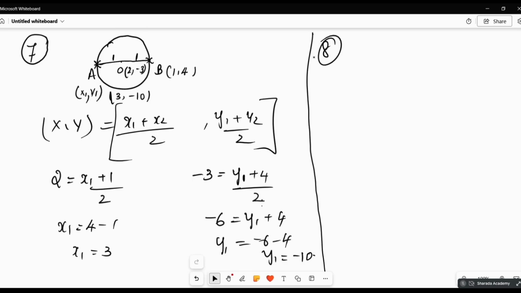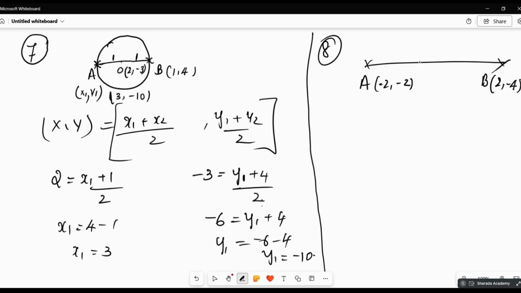If A and B are (-2, -2) and (2, -4) respectively, find the coordinates of P such that AP is equal to 3 by 7 AB and P lies on the line segment AB. Listen here. 8-1. A and B are the points. A point is (-2, -2) and B point is (2, -4).